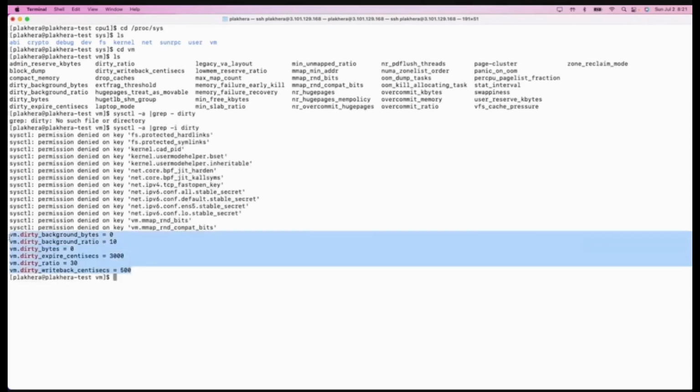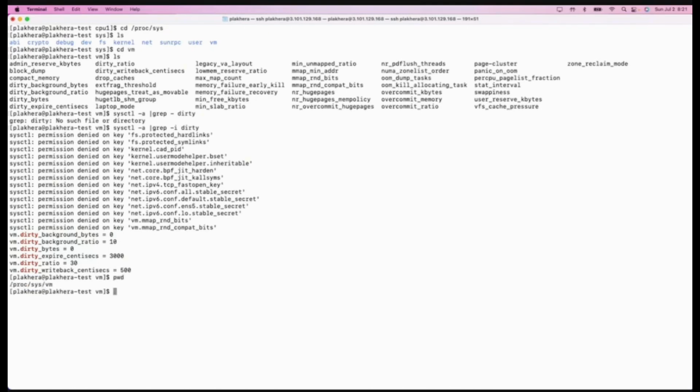Yesterday we spoke about it: whenever the kernel needs to read a file from a disk, it first puts it into memory. Let's say you are opening that file in memory and writing some data. That data needs to be flushed back to the disk. All these parameters guide the kernel on when exactly to push that data back to the disk. Okay, so that you will find inside proc/sys/vm.